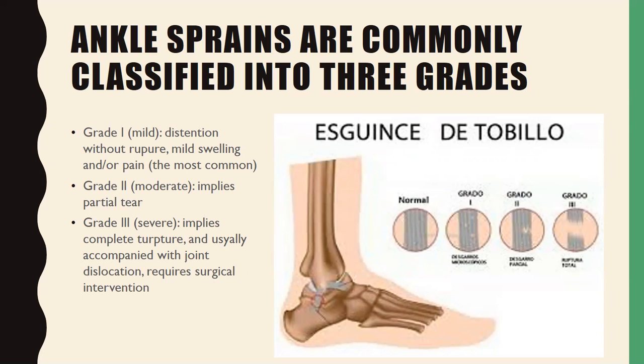Grade two, moderate, implies partial rupture. And grade three, severe, implies complete rupture and is usually accompanied by joint dislocation and requires surgical intervention.